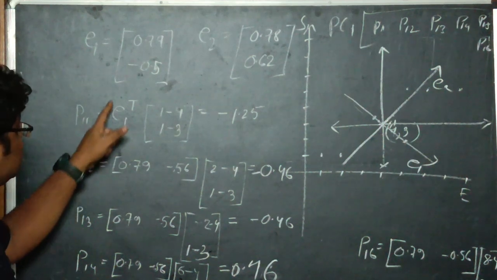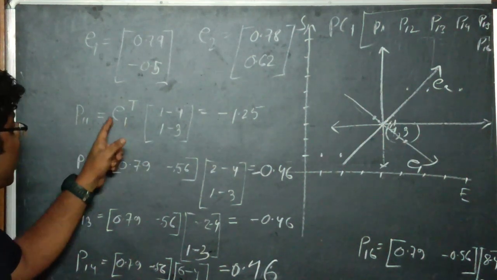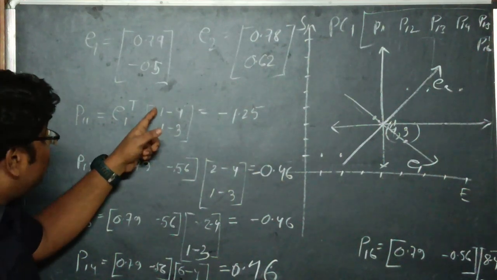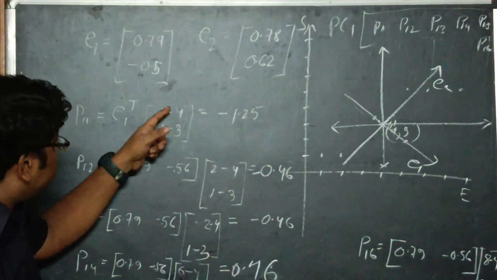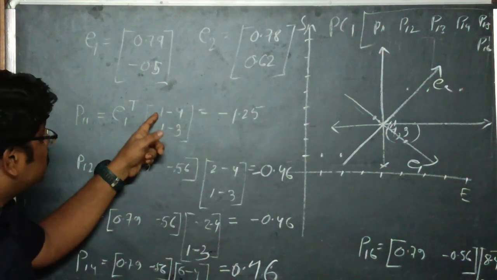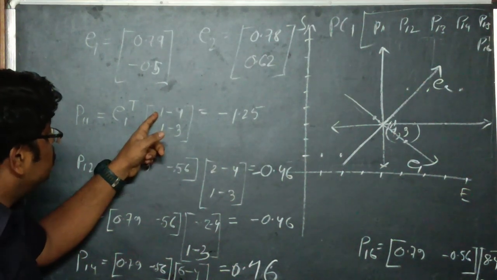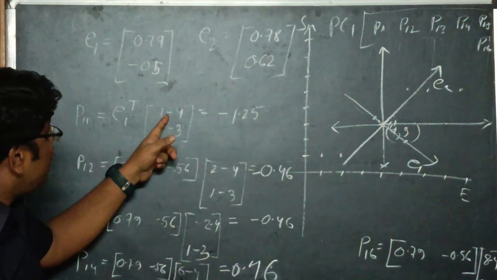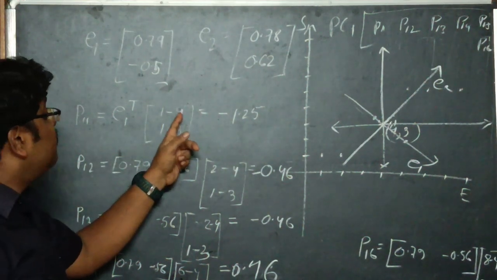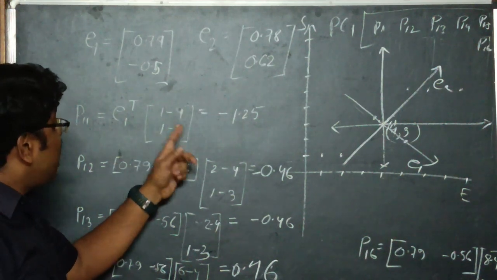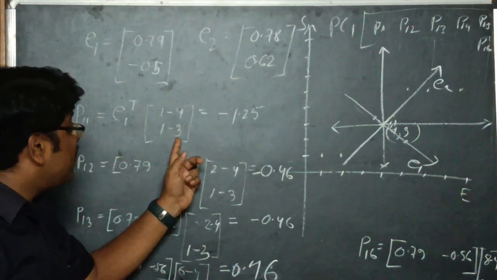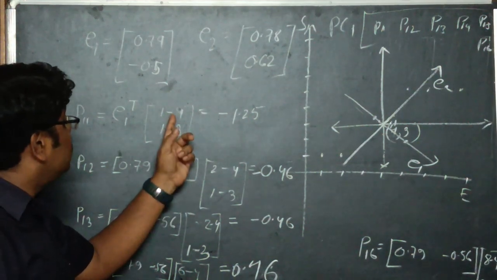P11 is nothing but the transpose of the normalized eigenvector E1 times the marks obtained by the student in the particular examination in English and in statistics, and we have to subtract the mean, where the mean of statistics is 3 as we have calculated, and the mean of English is 4.